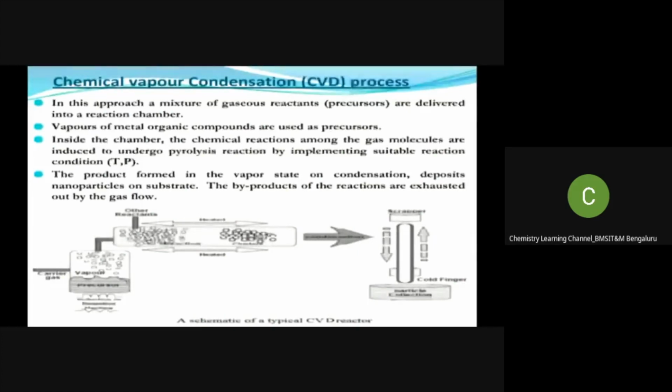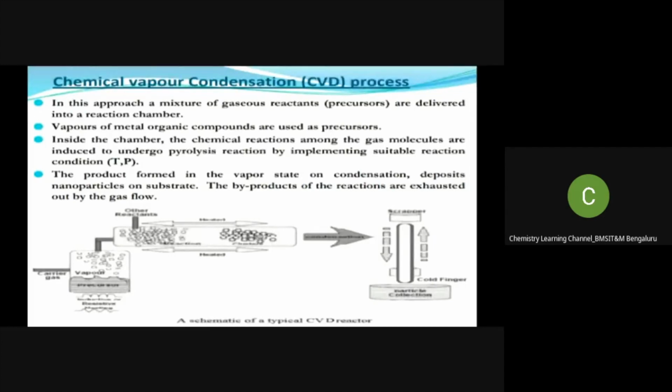Inside the chamber, the chemical reaction of the gas is induced to undergo a pyrolysis reaction at suitable conditions, maintaining the temperature and pressure. The product formed is condensed and formed on the substrate. The condensation of the nanomaterials or the particles is occurring on the substrate. The deposition of the nanomaterials is done by the condensation process.